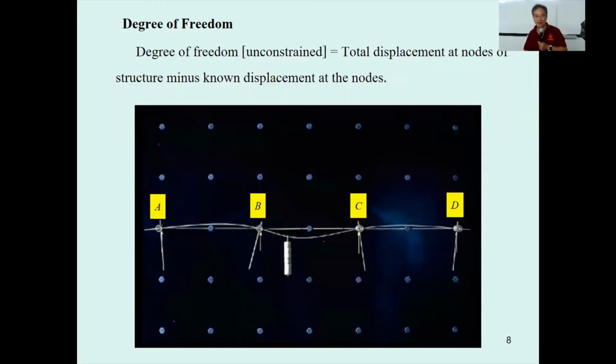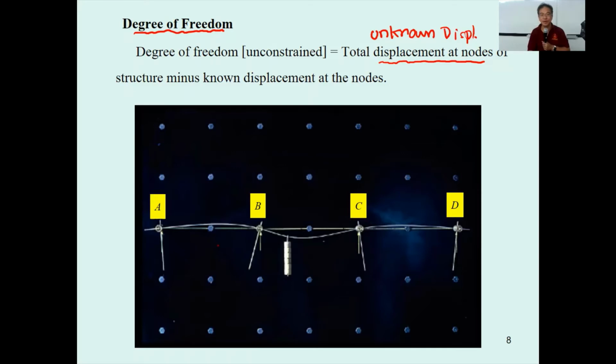So this conclusion is important, guys, when you take the exam. The degree of freedom is, by the definition of the slope deflection method, the displacement at the node that you are looking for. It's just like an unknown displacement.